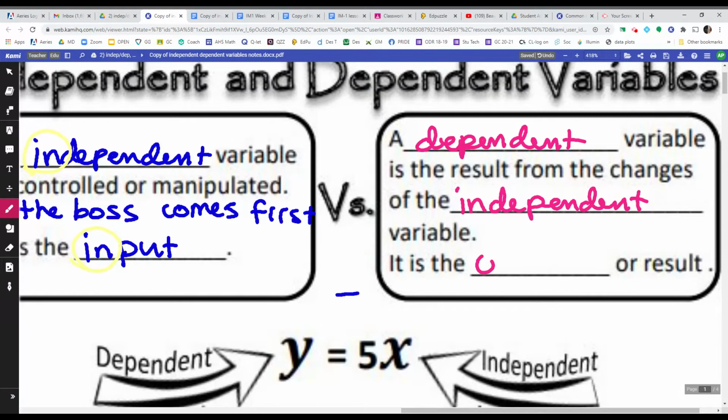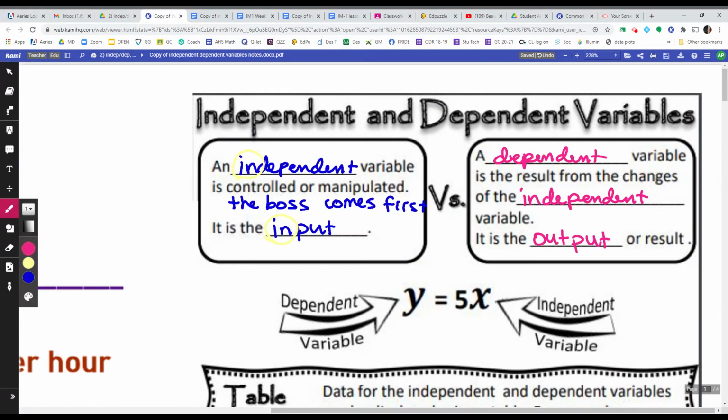It is the output or the result. You should have this information down.